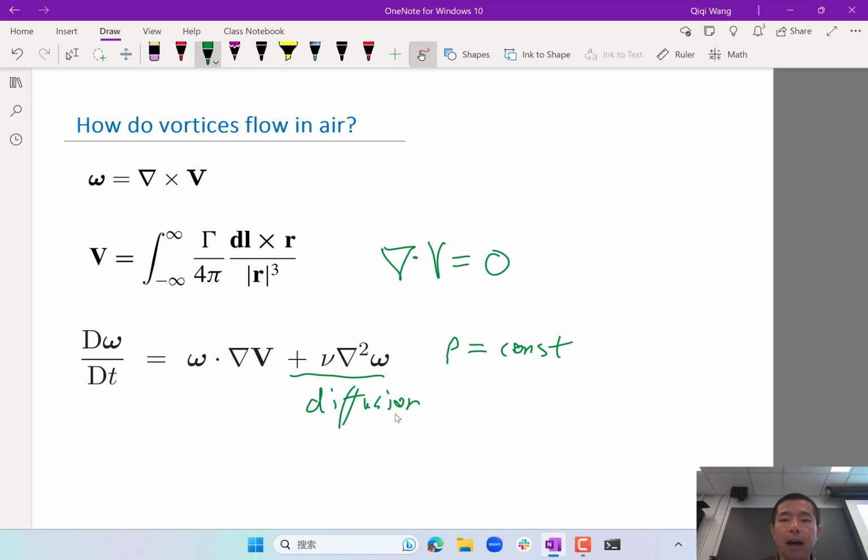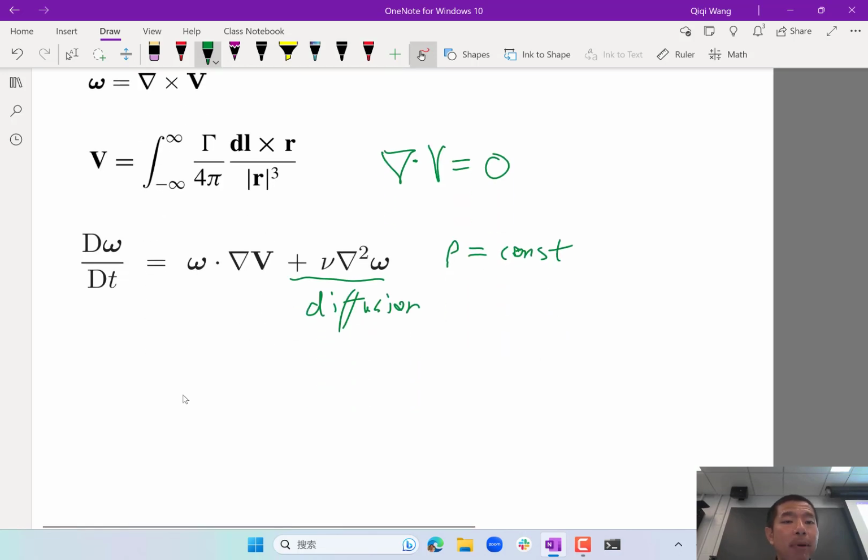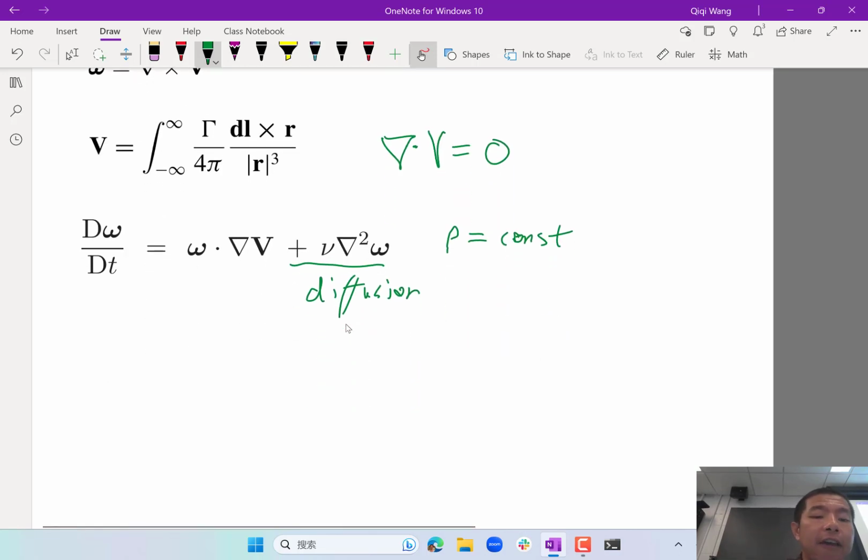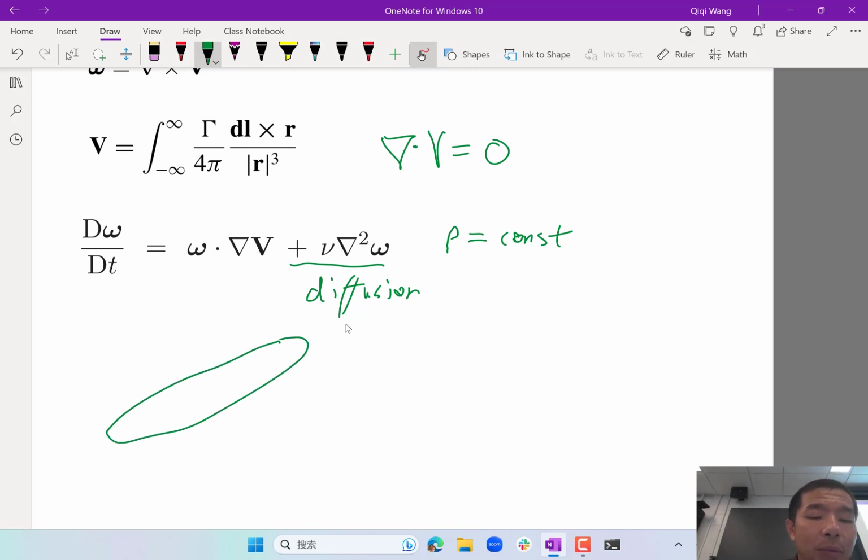Now what's important about this conclusion is that if you look at a wing and a wingtip vortex, we know what the flow field is. Let's ignore the trailing vortices for now, right? We know there are going to be bound vortices inside of the wing.